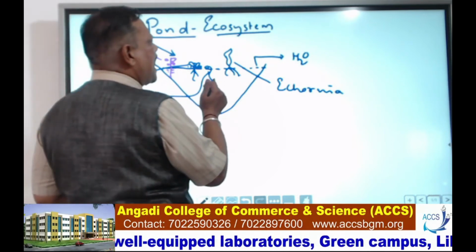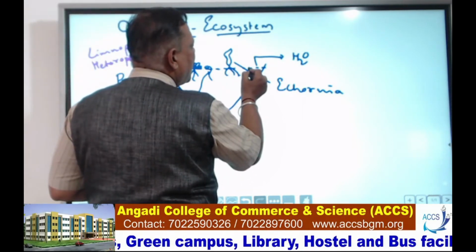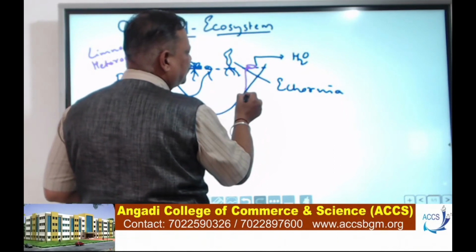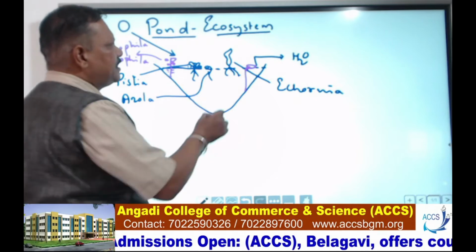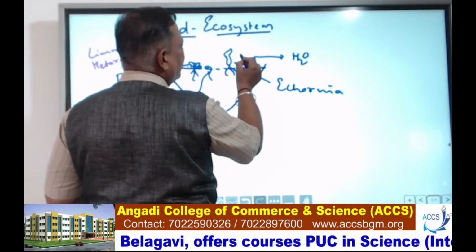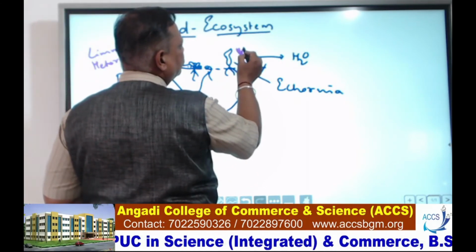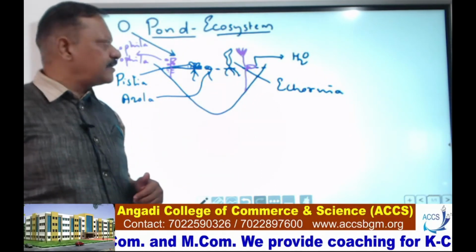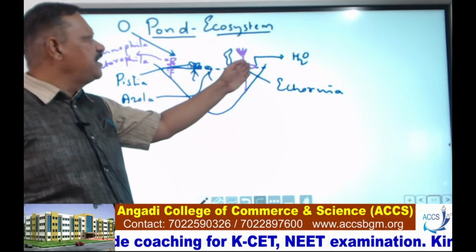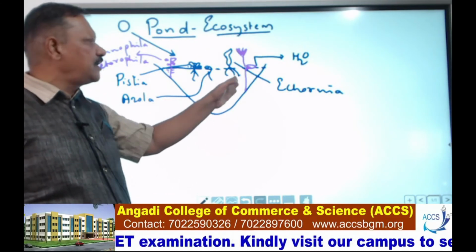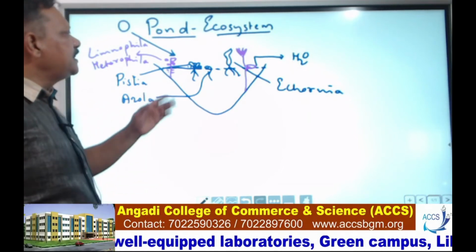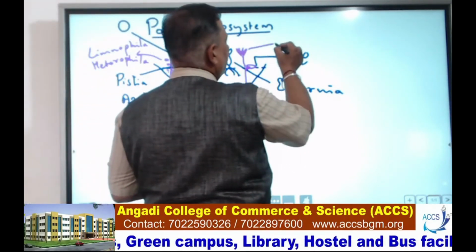And some plants are on the surface and also submerged. Here the best example is the lotus. The flower comes out, the leaf is on the surface of the water, and it is rooted inside the ground. In this way, the lotus plant is observed.